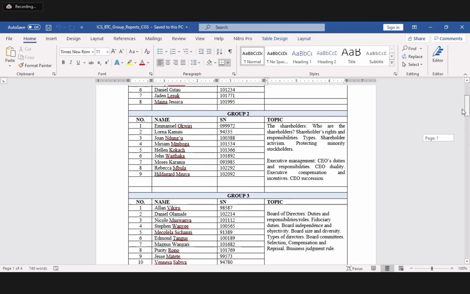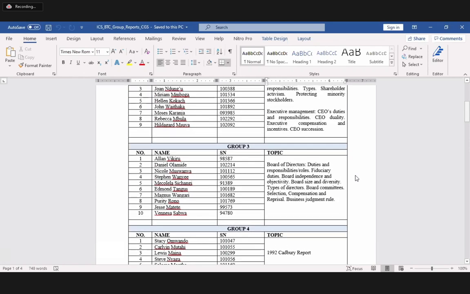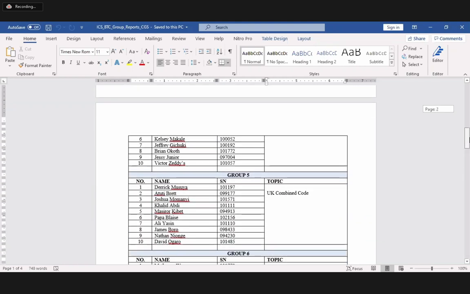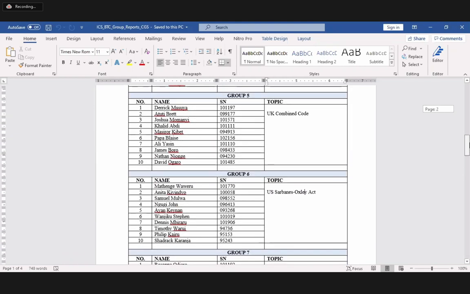I like the research of Group 2, for example. I think they've done a very good research. You may get the full document. Don't just look for the summaries. Look at the document and get all the important highlights.